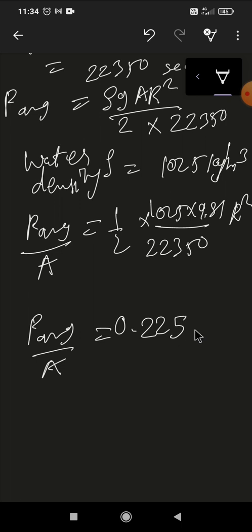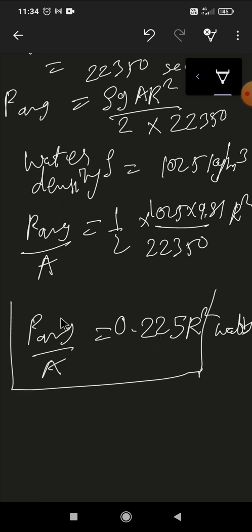So P average upon area A will be equal to 0.225 R square watts. So the average power directly depends on R square, and this 0.225 is the constant.